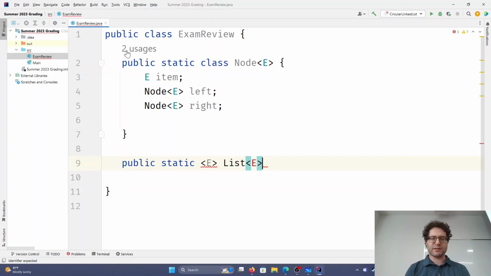A list, public static E, List E, BFS, alt enter, and we take in a Node E root.